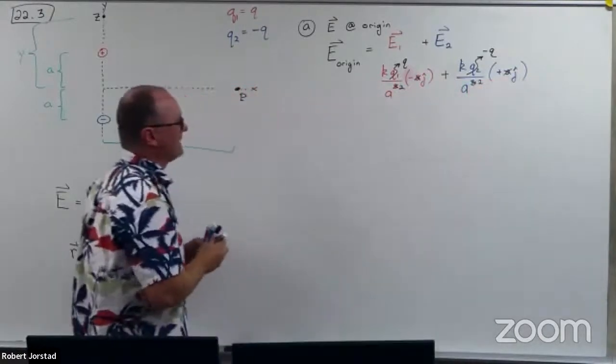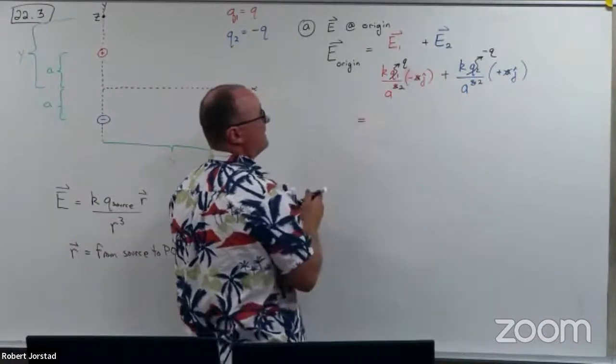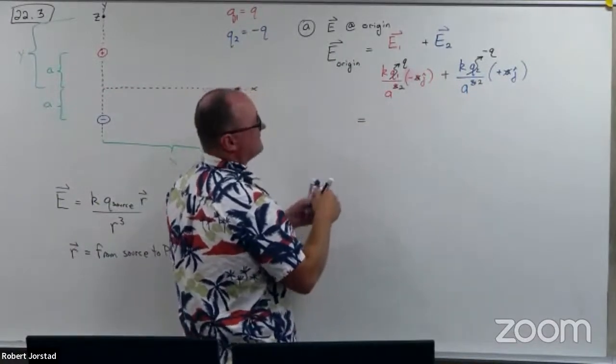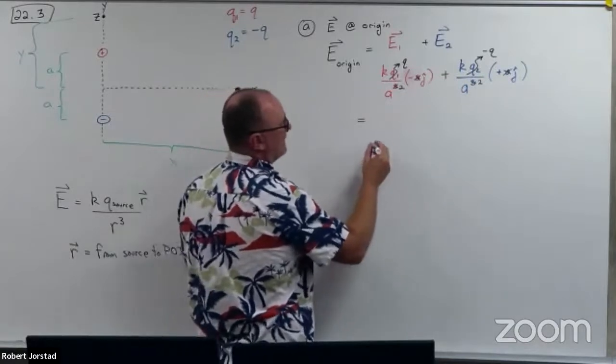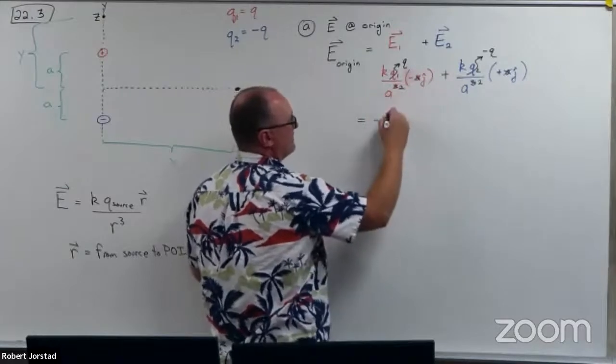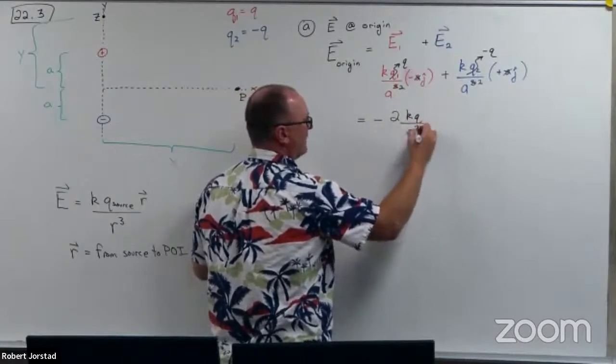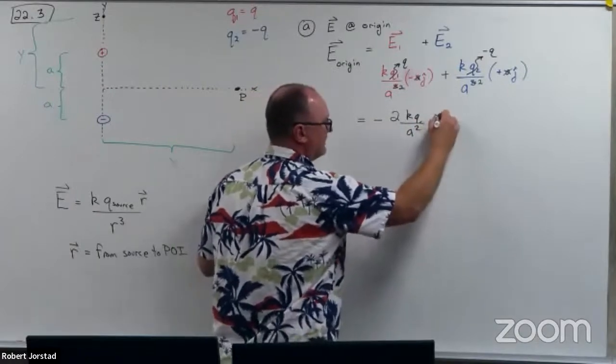And notice the electric field net is going to be, they both will have a negative. There's two terms that have k Q over a squared in the j hat.